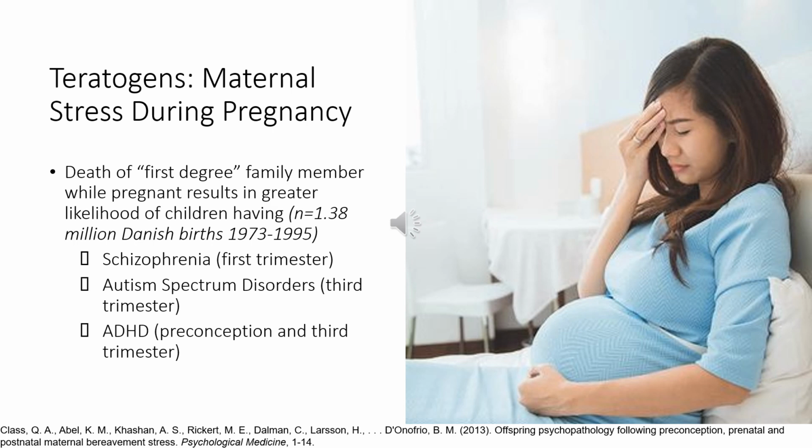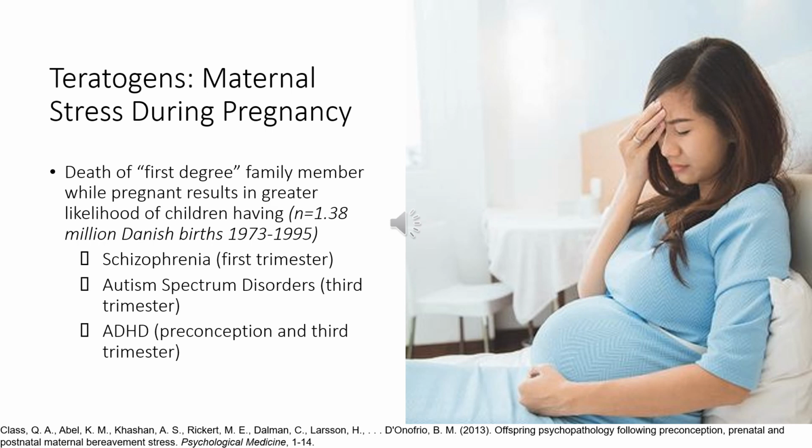As you might imagine, I might think it's worse to have stress during the embryonic period because that's the most susceptible for teratogens in general. But maternal stress shows basic findings across all trimesters.